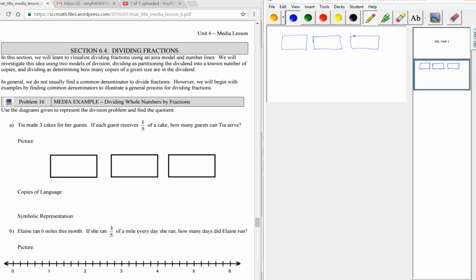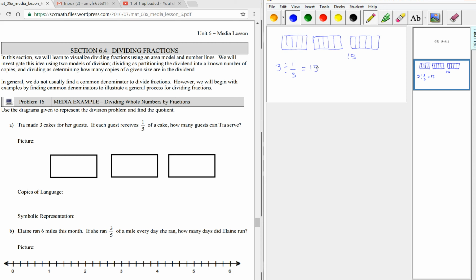You are Tia, you have 3 cakes, you're making cakes in fifths, so you cut them into fifths, and you count the number of pieces. So there's 15. Then discuss, well, I had 3 cakes, wanted to see how many 1/5 were in 3 cakes, and it was 15.